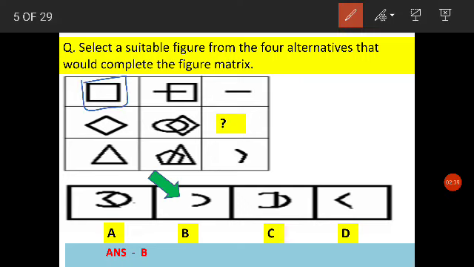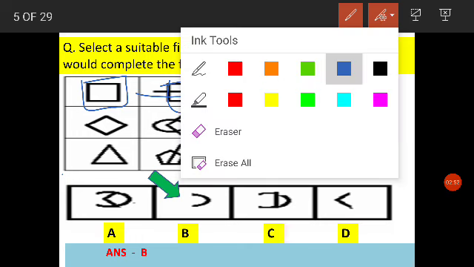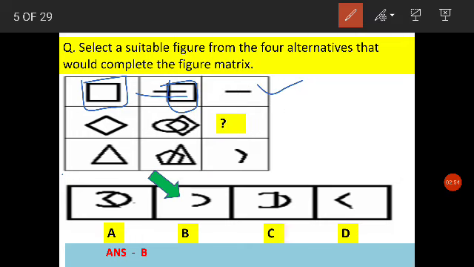Here there is a square, then the same square with one line, and then the square is missing, only the line is there. Same way in the third one, so it is actually moving in this direction.